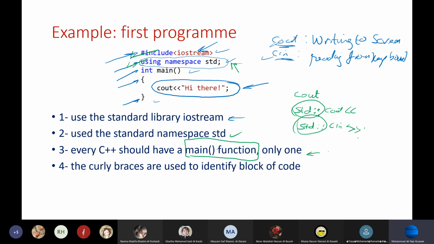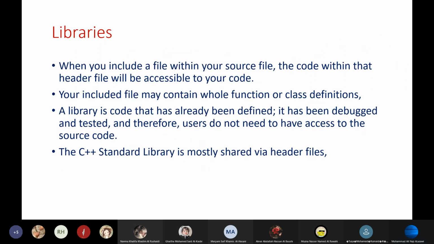So I have only one main function and it has to be here. These curly braces mean the start and end of the code. When I open it like this is the start and this is the end. What's written inside is called a block of code.